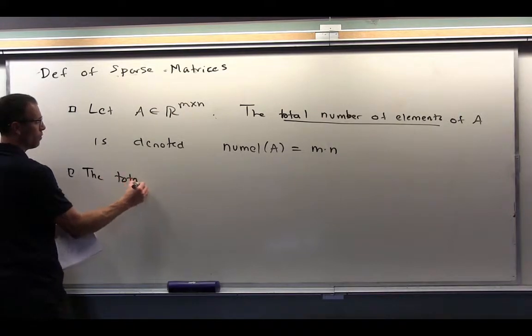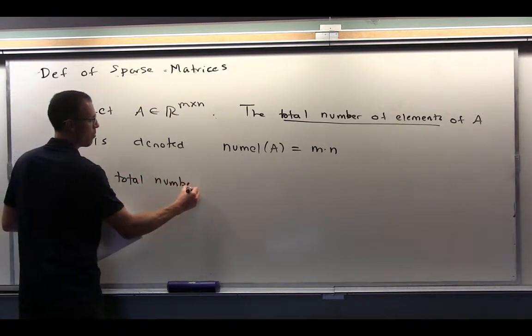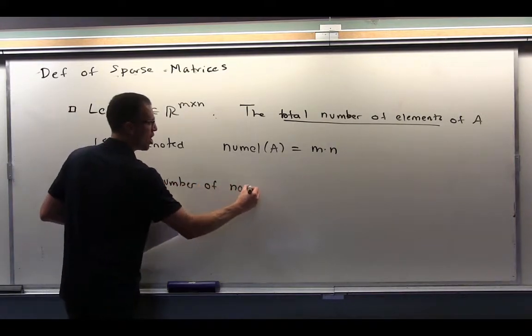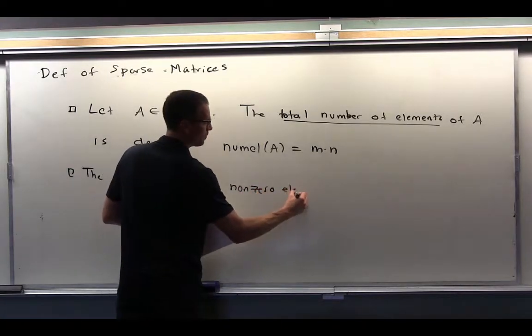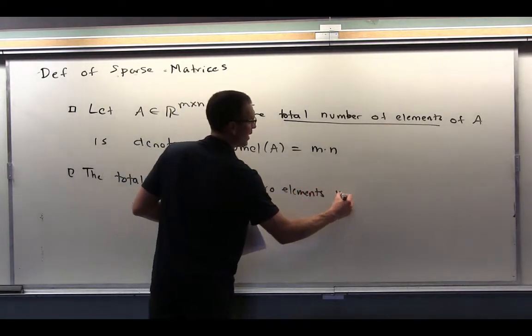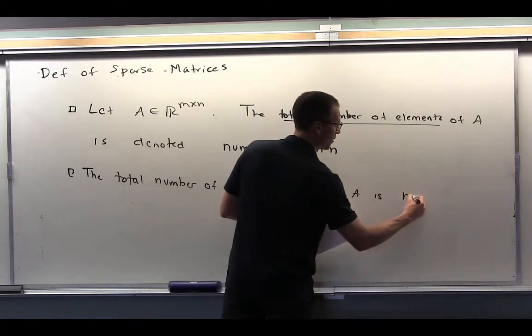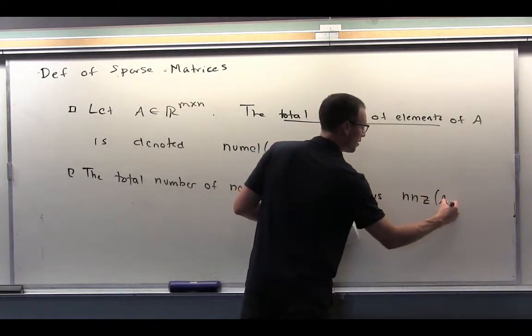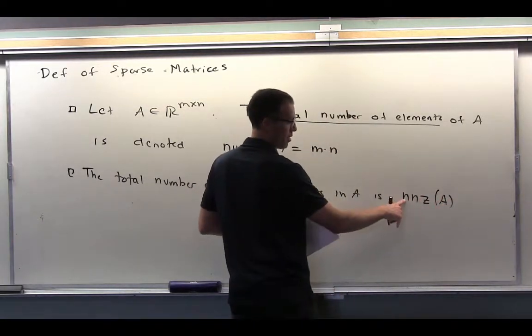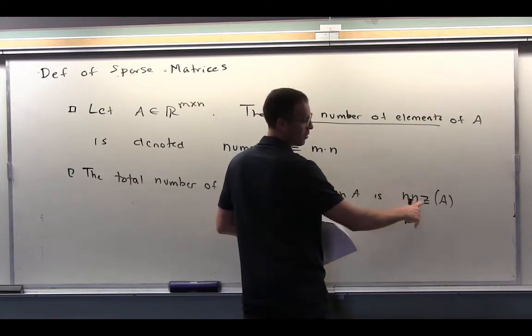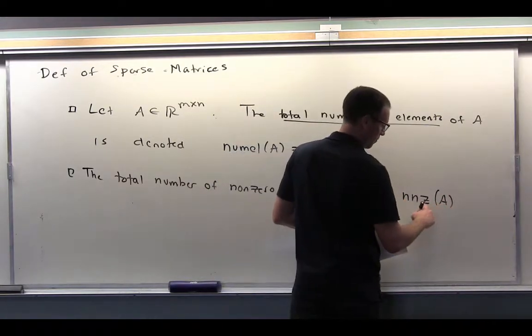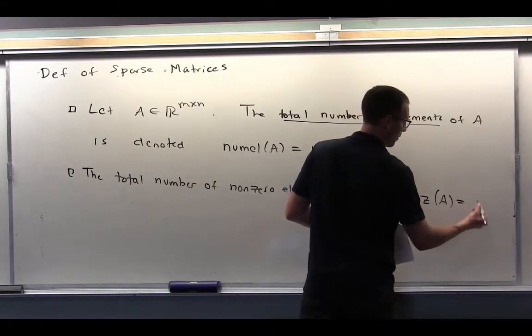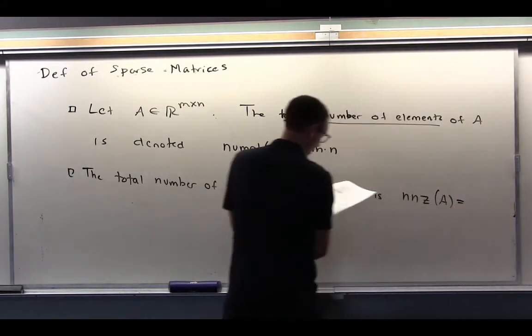The total number of non-zero elements in A is nnz of A. Could you guess what NNZ means? Number of non-zero entries.